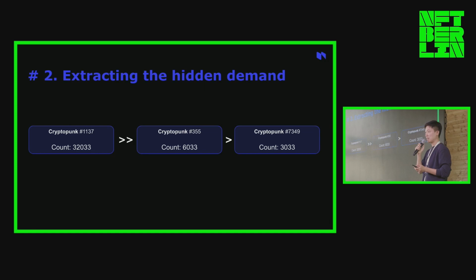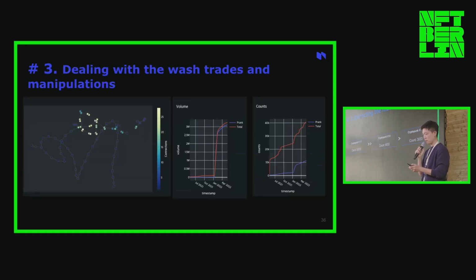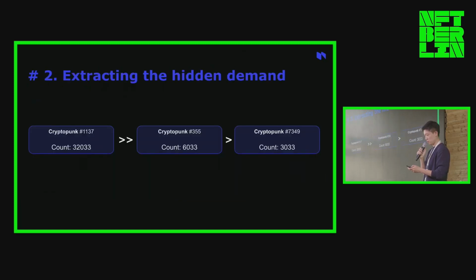So this is an important leading indicator. And we are not only counting the high-probability buyers, but we also look at the movement of the smart money and how likely they are to sell out their NFTs.